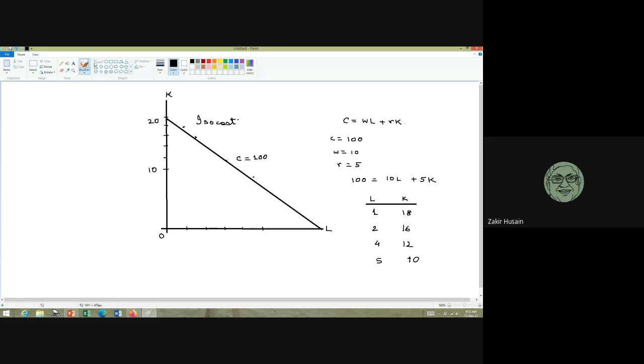We can draw another curve for, let us say, C equal to 80. In this way, we can again draw many isocost lines, and this isocost is a locus of all input combinations that result in the same cost.